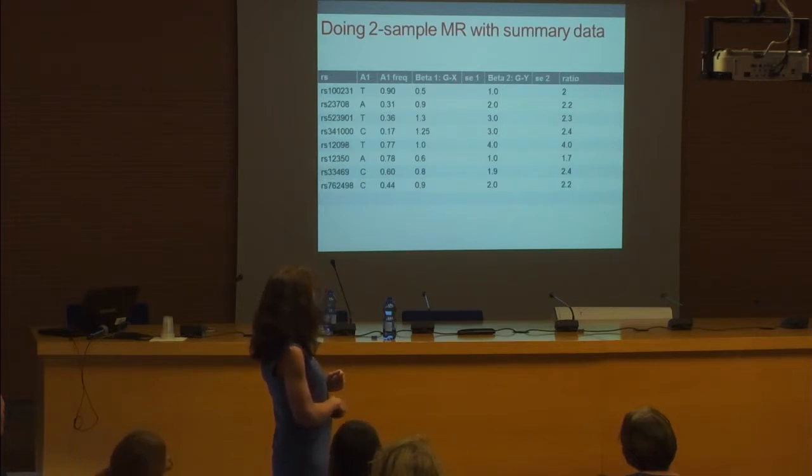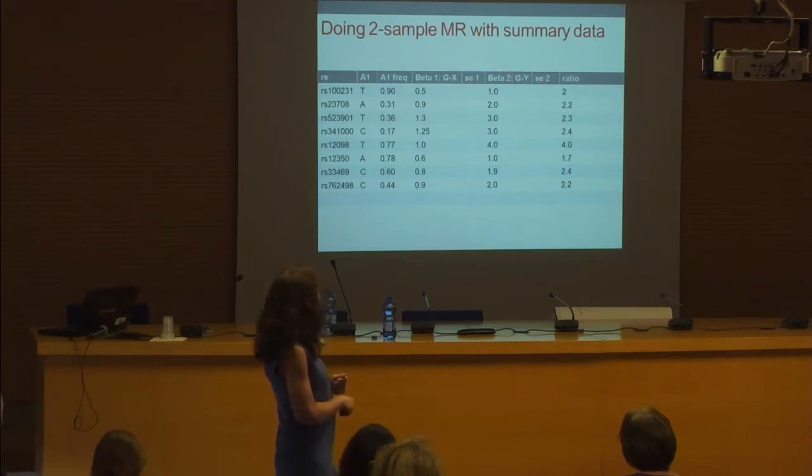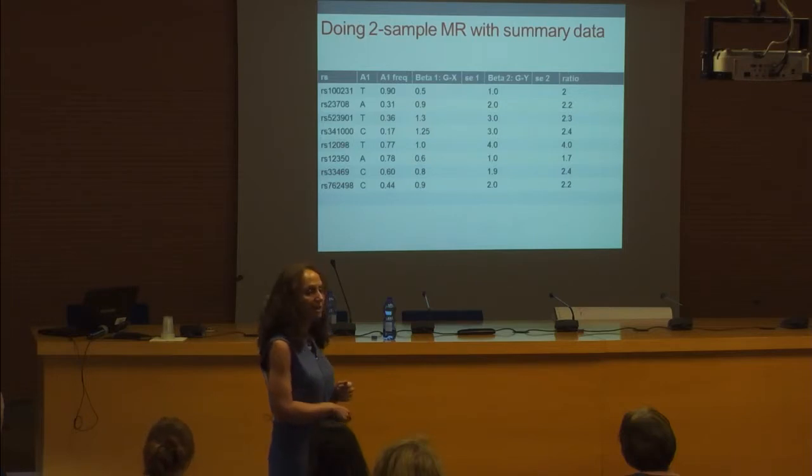This is what the identifiers look like, but these are not related to anything in particular. You have one beta for the gene with exposure and its standard error, one beta for the gene with outcome and its standard error. I didn't bother putting in the standard errors. And then you just divide this by this and you get a set of ratios.